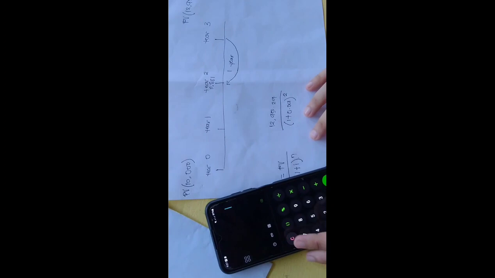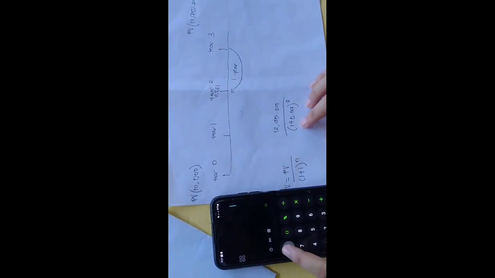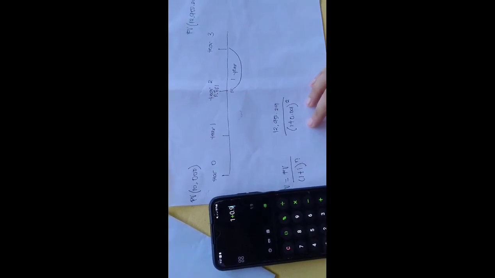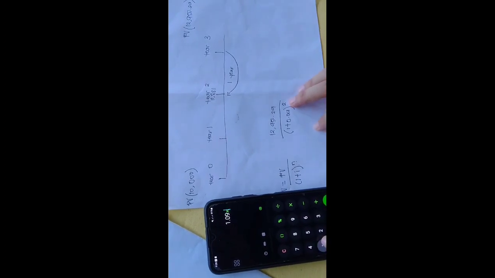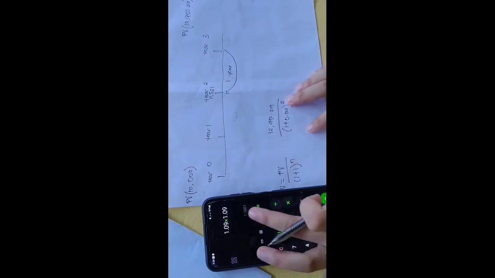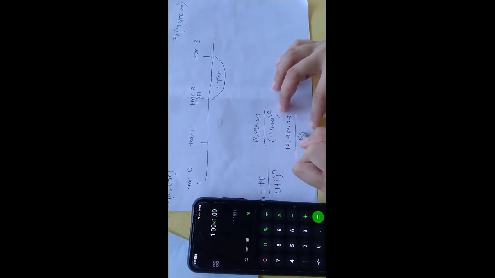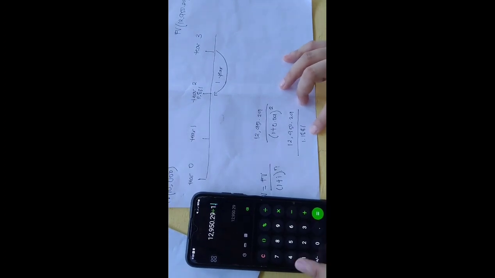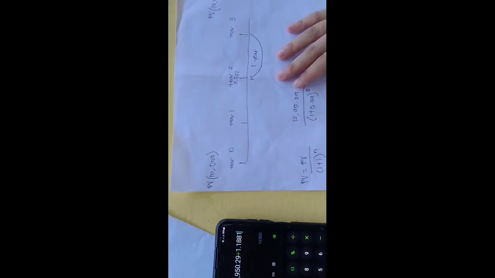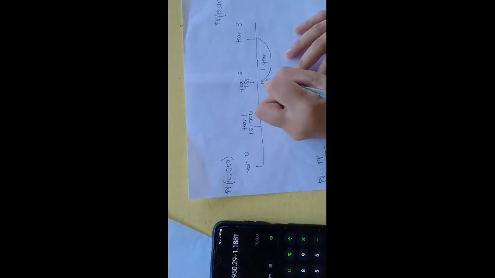So 1.09 times 1.09 is equal to 1.1881. Then 12,950.29 divided by 1.1881 is equal to 10,900, which is the value at year 2.